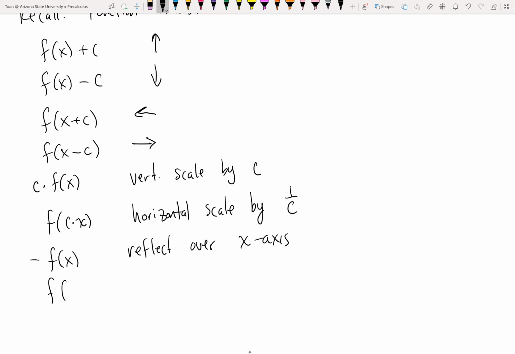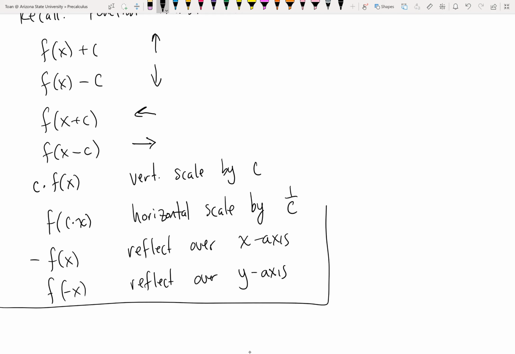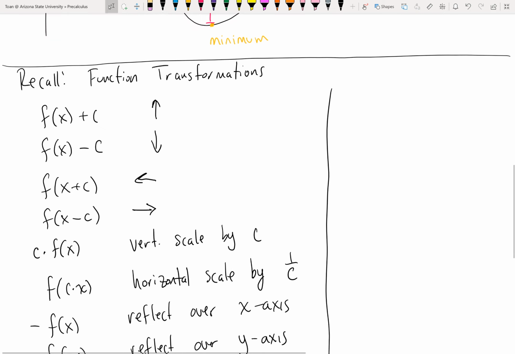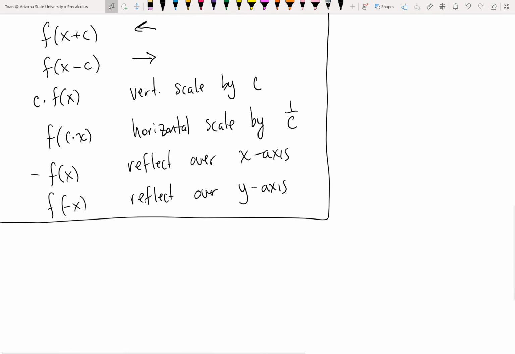And if you multiply just the x by a negative, it's a reflection over the y-axis, right? So when it comes to sketching more, quote, complicated sine and cosine functions, we have to follow these rules, because that's what happens.